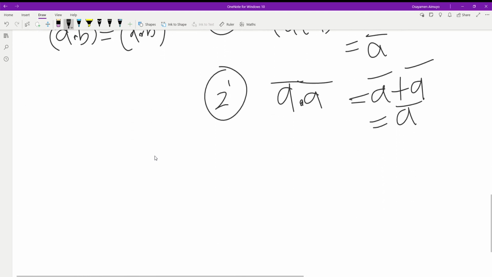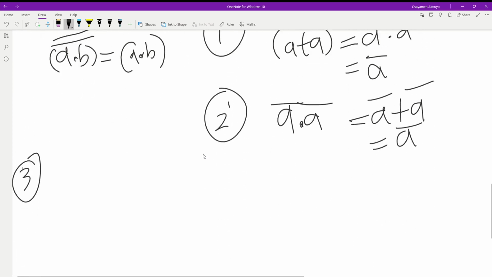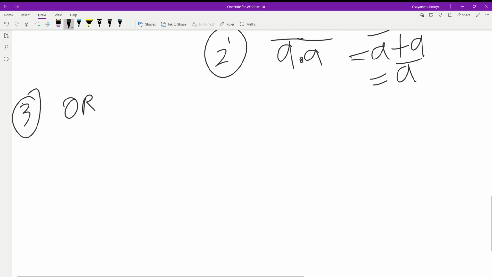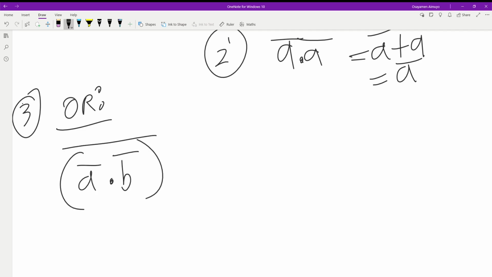Then the OR is not as trivial as the AND. All you have to notice for the OR is that A bar and B bar, or this negated, gives us A or B, right? So all we have to do is negate.